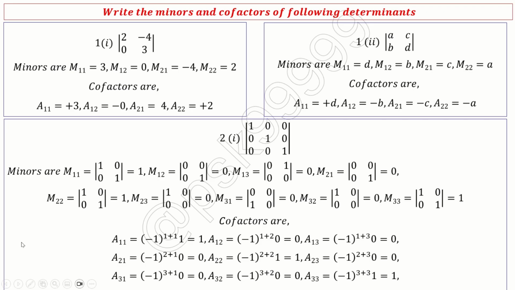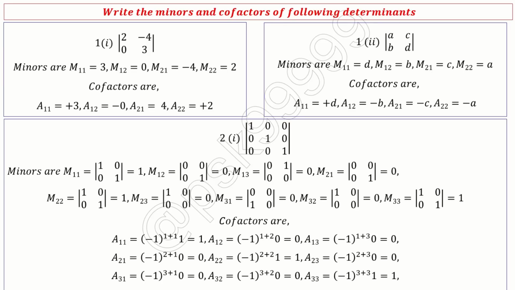So this is how you calculate the minors and cofactors of a 3 by 3 matrix. Hope you understand this. Very simple. You can try yourself. Don't make the mistake of sign. That is very, very important. Say I wrote 1, 2, 3 in a row for a 3 by 3 matrix while finding the determinant. If you make a mistake, very easily you will understand where the sign mistake has happened.